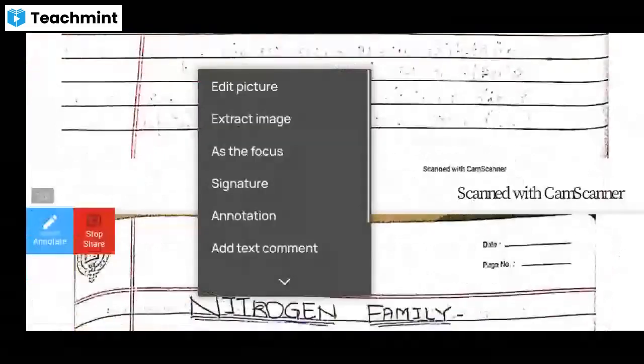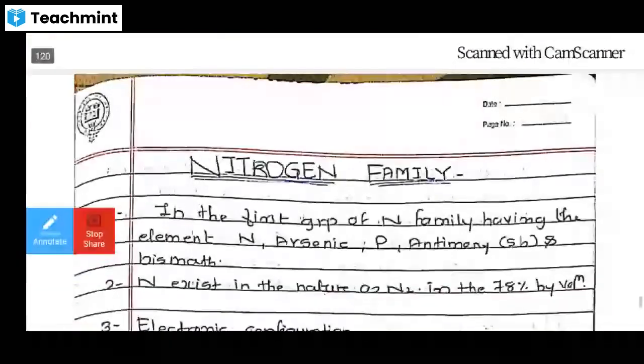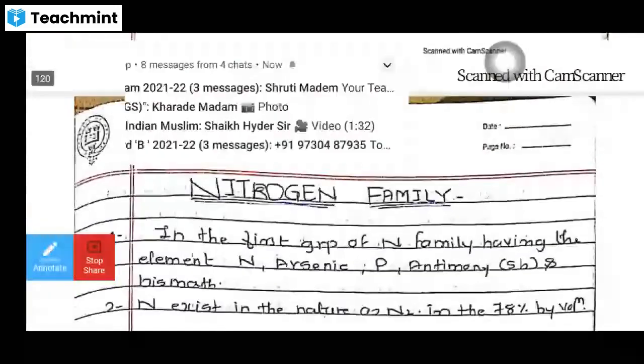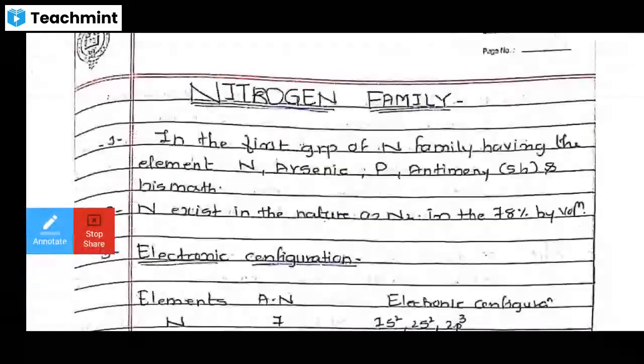In the nitrogen family, what is the electron configuration of nitrogen? The atomic number of nitrogen is 7. Nitrogen has 2 electrons in the first orbital and the remaining 5 electrons in the second orbital, that is 2s2 and 2p3.